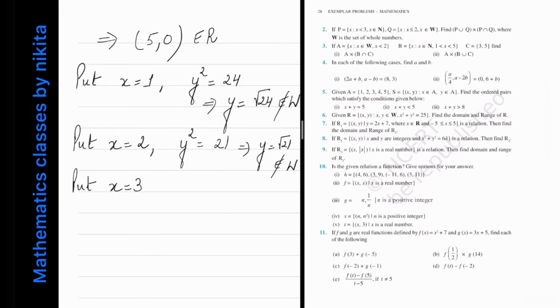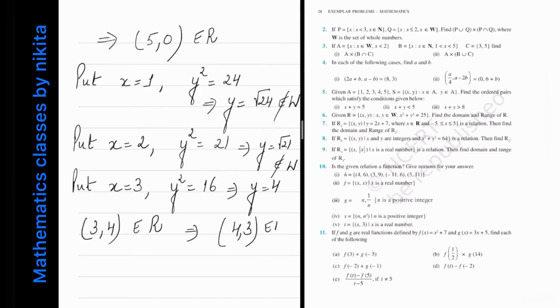Now x equal to 3, then y square will be equal to 25 minus 9. So 25 minus 9 is 16, and from here you will get that y is equal to 4. So therefore I get that (3, 4) belongs to R, and also this implies that (4, 3) belongs to R.